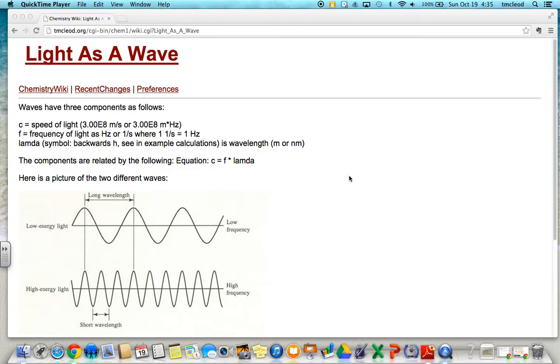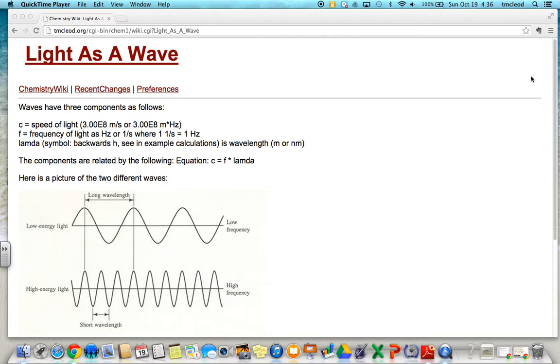And the other one is wavelength, which has a symbol of lambda, which looks like a backwards H. It's a Greek letter. And that is wavelength, which is a distance in meters or nanometers. The equation that relates them is that speed is equal to frequency times wavelength.